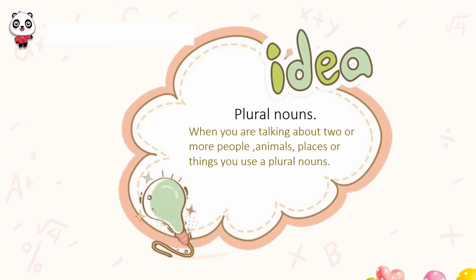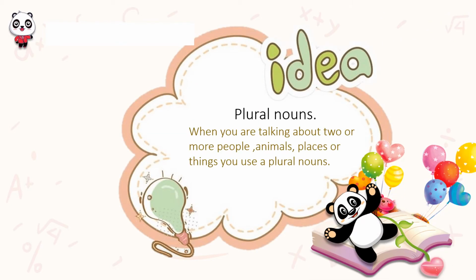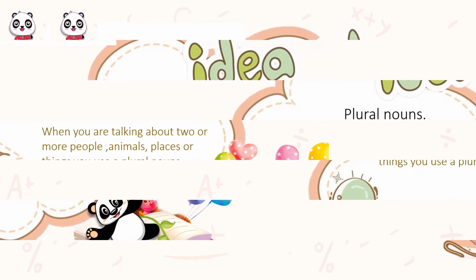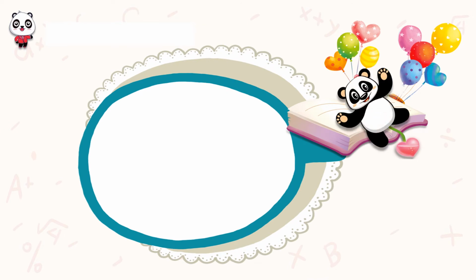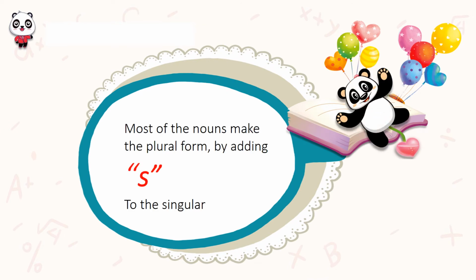Let's move to the plural nouns. When you are talking about two or more people, animals, places, or things, you use a plural noun. Let's see how to make plural nouns by using singular nouns.